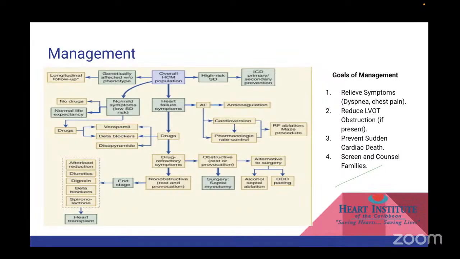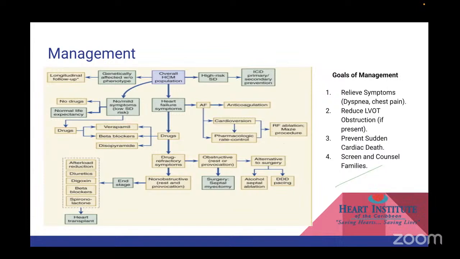It should only be done when those factors she showed us are present: family history of sudden cardiac death, unexplained syncope, and all those, left ventricular hypertrophy greater than 30 millimeters. When you have all those, then those are indications for placement of an implantable cardioverter defibrillator in this patient.